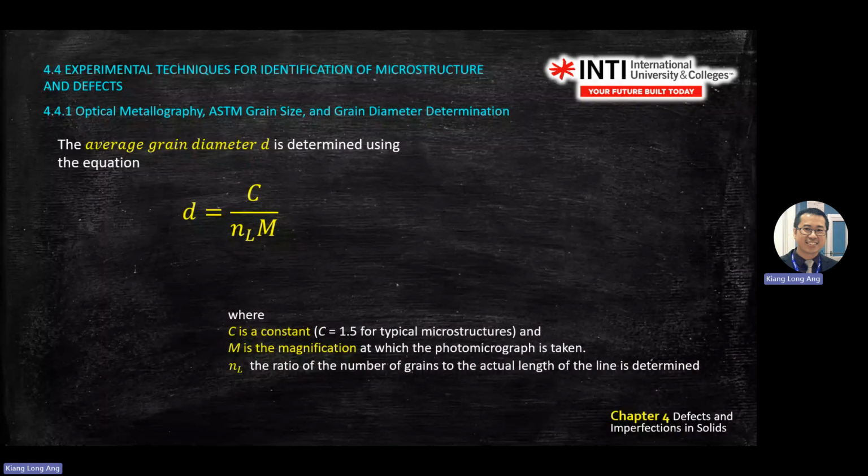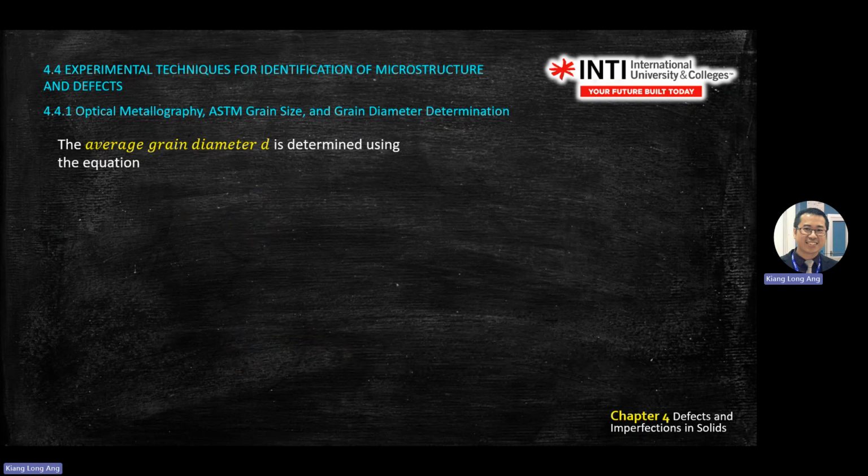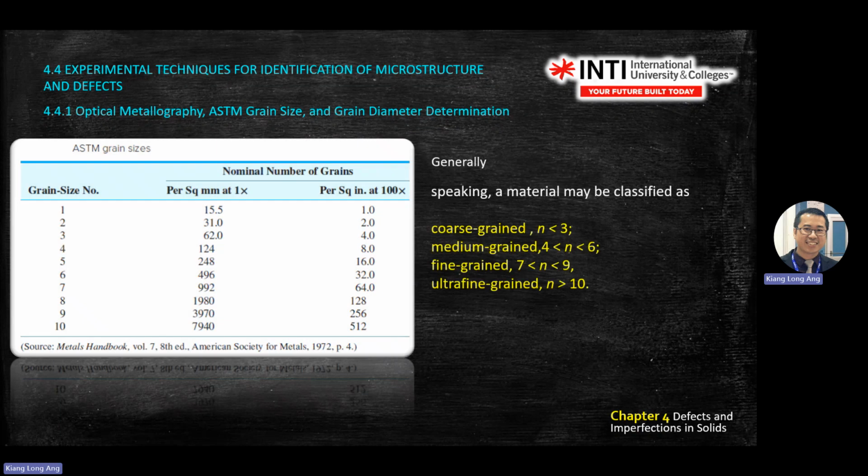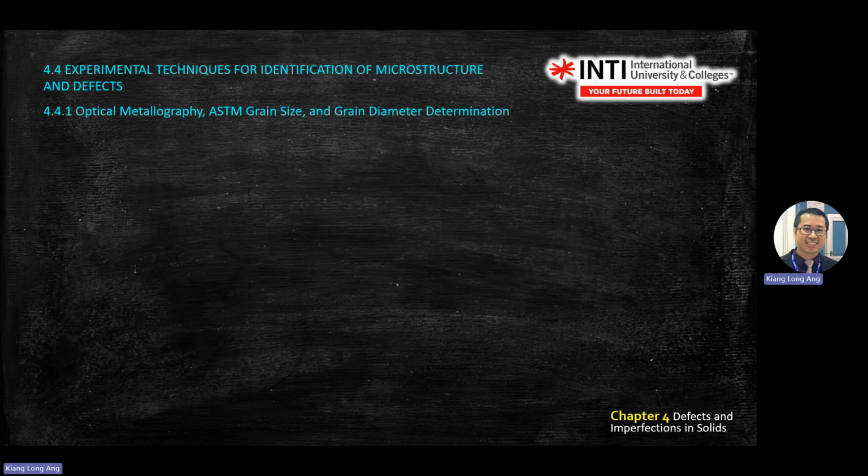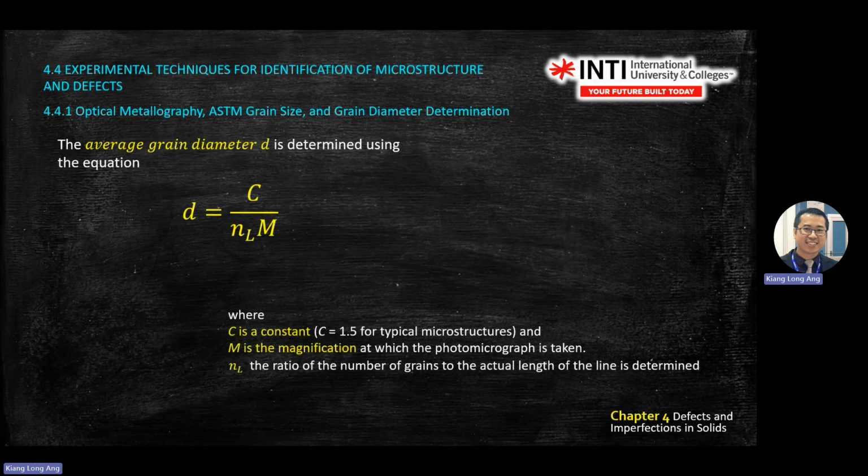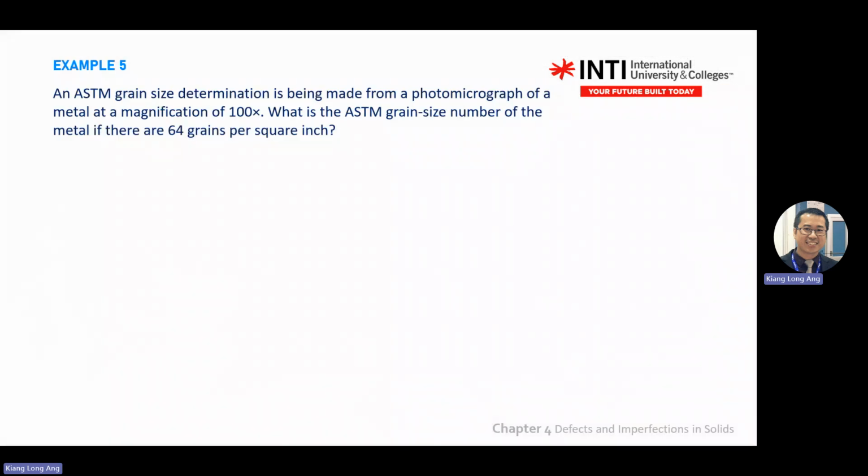Average grain diameter is given by D = C / (N_L M). What is C? C is a constant, so 1.5 is typical for microstructure. N_L is a ratio, number of grains. M is the magnification. So let's look at this example.